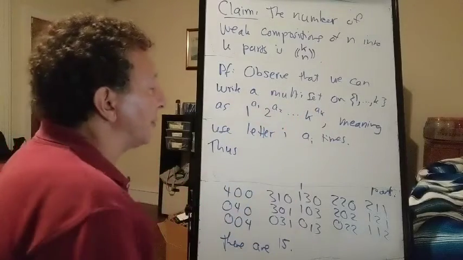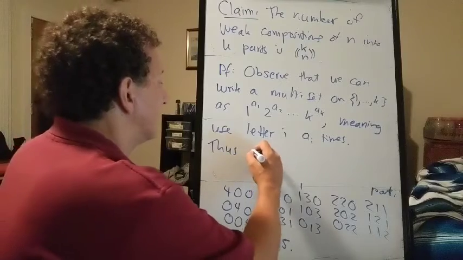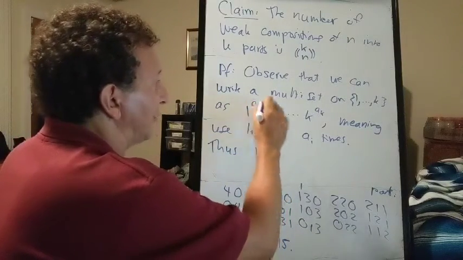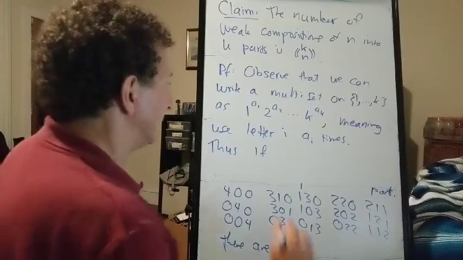Now if the total number of letters we've chosen is n, then we have a1 plus a2 plus up to ak equal to n.